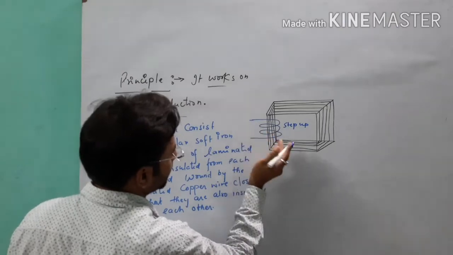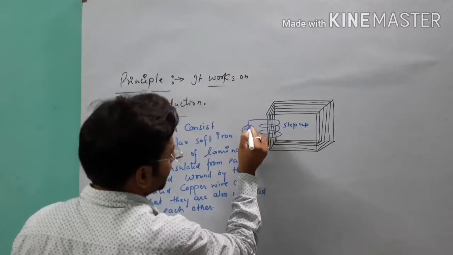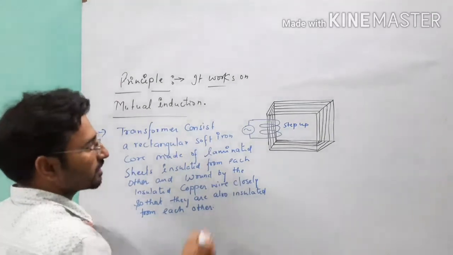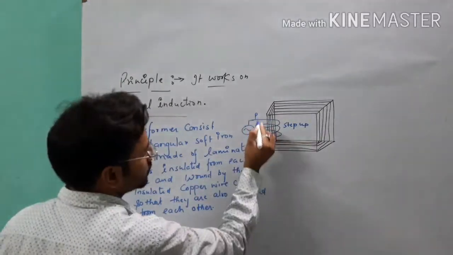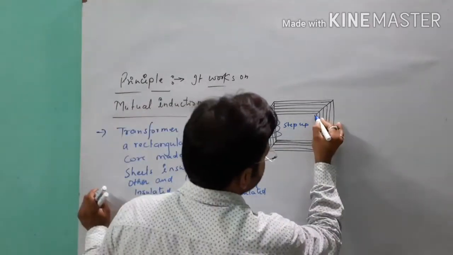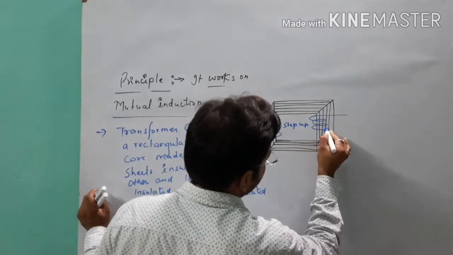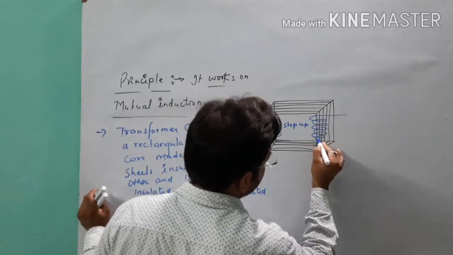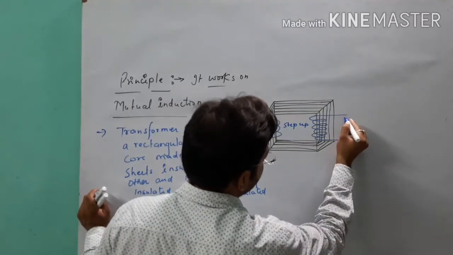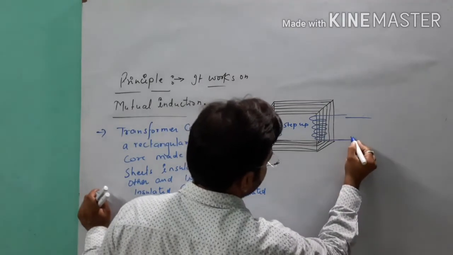One is the primary coil, which in the diagram on the left side is connected to the alternating current source, which is our input source. The coil name is P1 P2, suppose, and on the second side I will use another coil which has a larger number of turns than the first, and this coil is called the secondary coil.